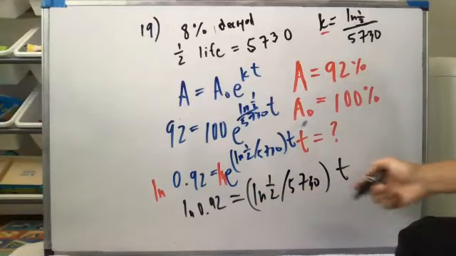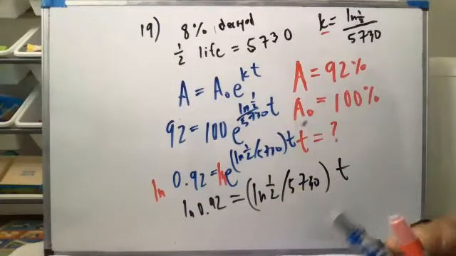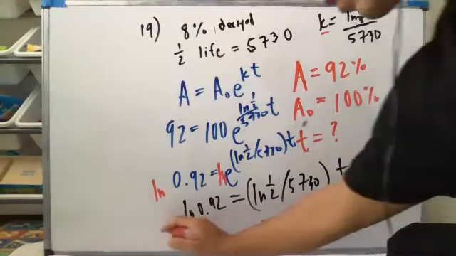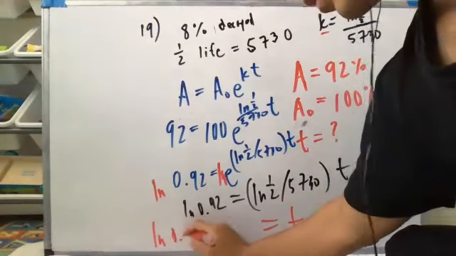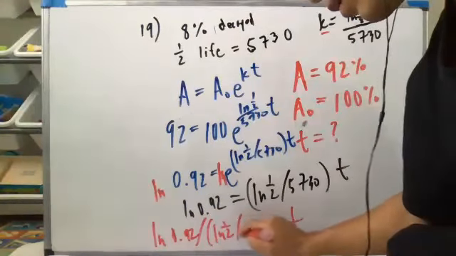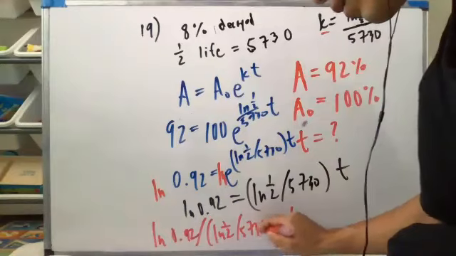Final step is to divide by this on both sides, so t equals ln of 0.92 divided by ln of 1/2 over 5,730.